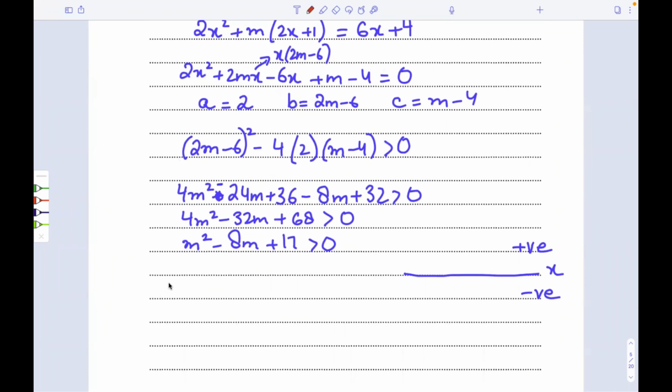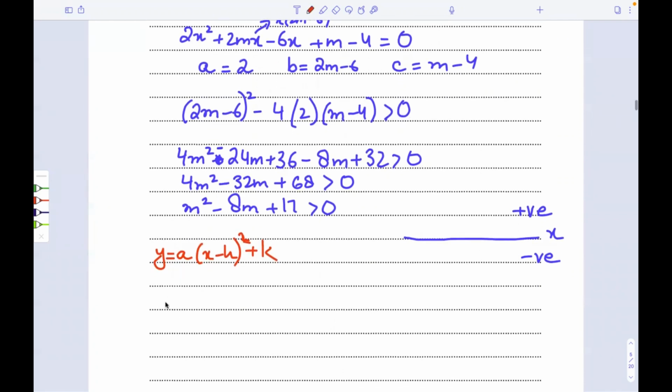We find the turning point by converting our equation into the form y equals a into x minus h whole squared plus k. In this case, our variable is m instead of x. So we convert this into the completed square form and then find the turning point, because by finding the turning point, we'll be able to prove that the whole curve lies above the x-axis.